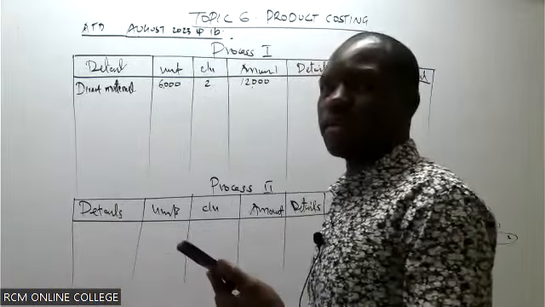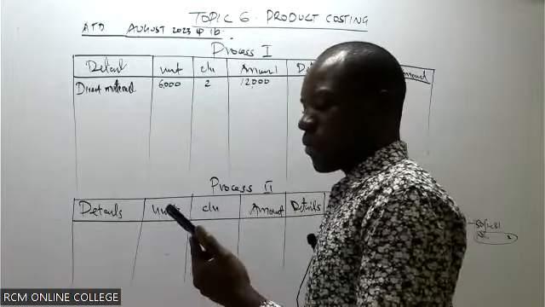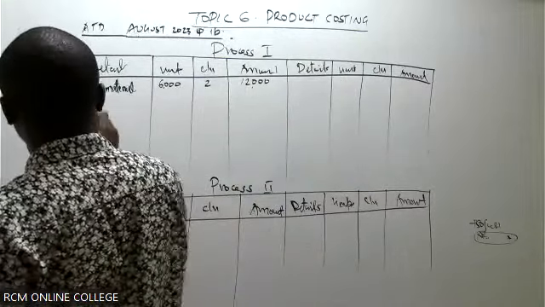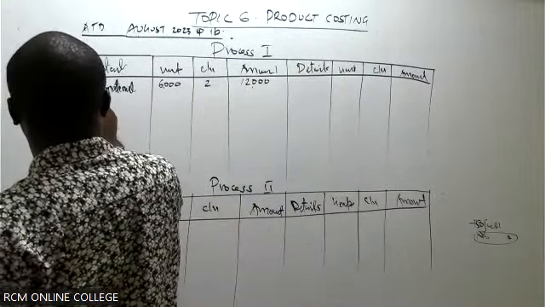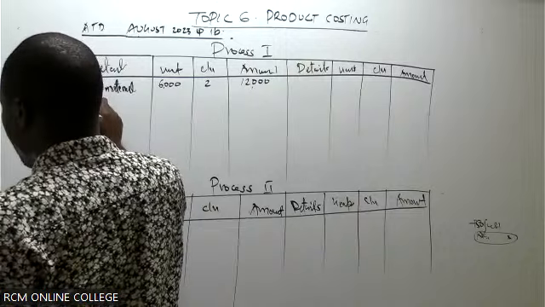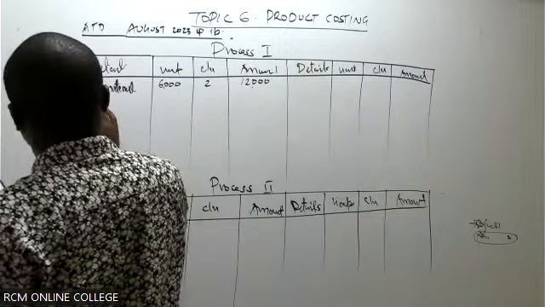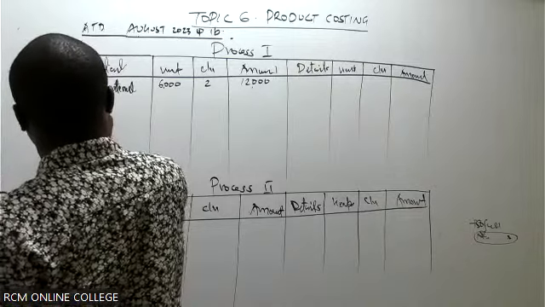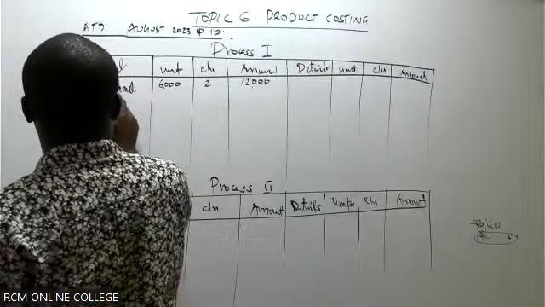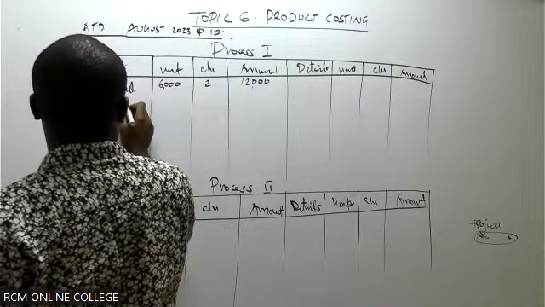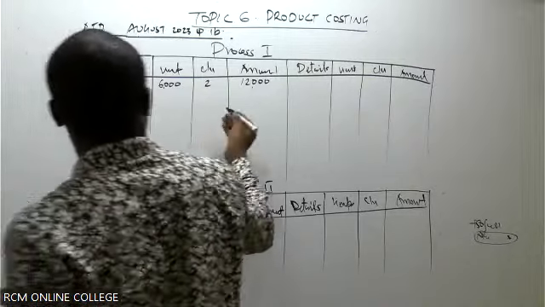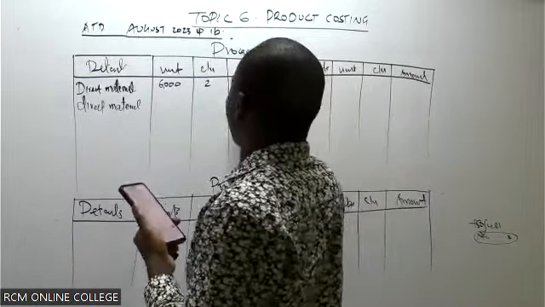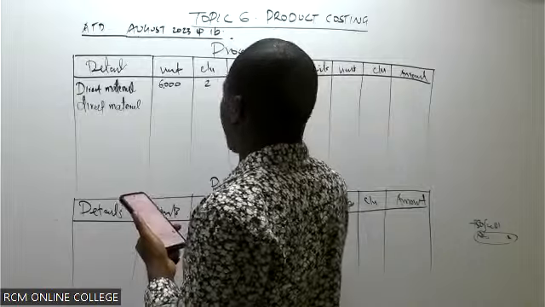After having the direct material, you're able to see we also have another material. This material here, we can call it direct material added in the process. You just give it that name, direct material, the way they have said. But we are not given the units. So we are only going to use the cost of that material as stated there of 5,000.